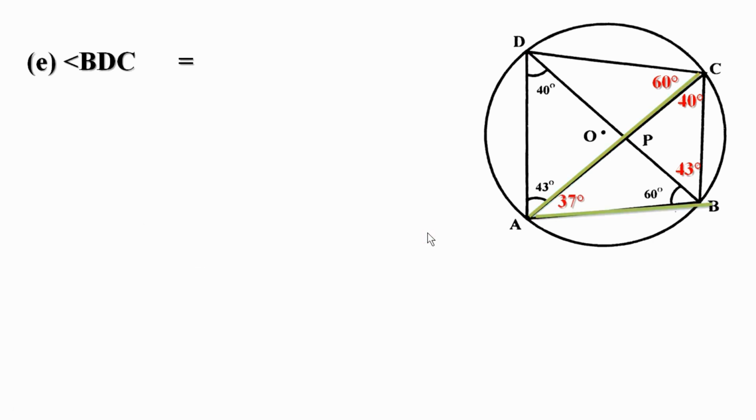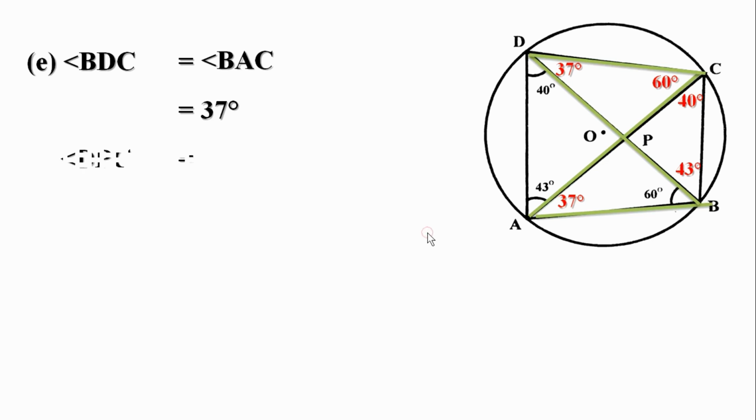Now let us find angle DPC. For that, let us first find angle BDC. Angle BDC equal to angle BAC, that is equal to 37 degree. So we got two angles in the triangle DPC.